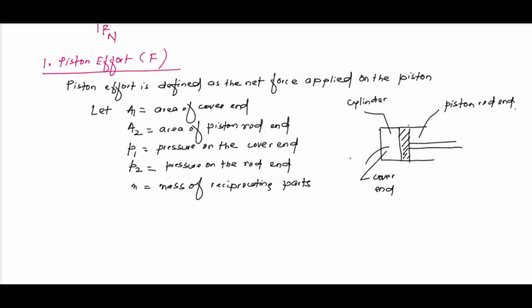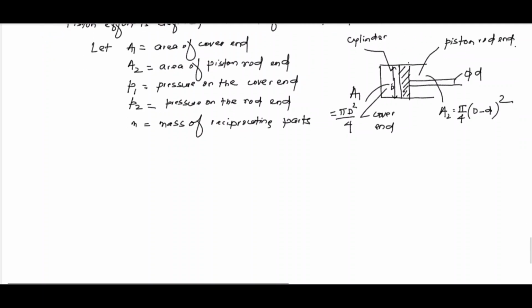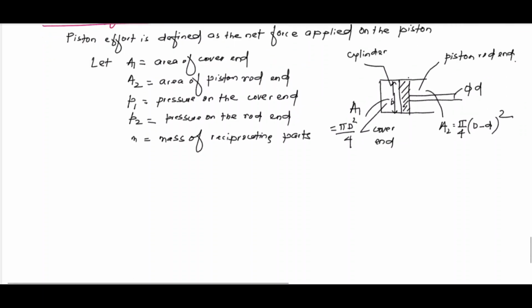Now this area is A1, which is of course pi capital D square by 4 if D is the diameter, and if small d is the diameter of piston rod, then this area A2 will be pi by 4 into D square minus d square. So this is the cover end and piston rod end.